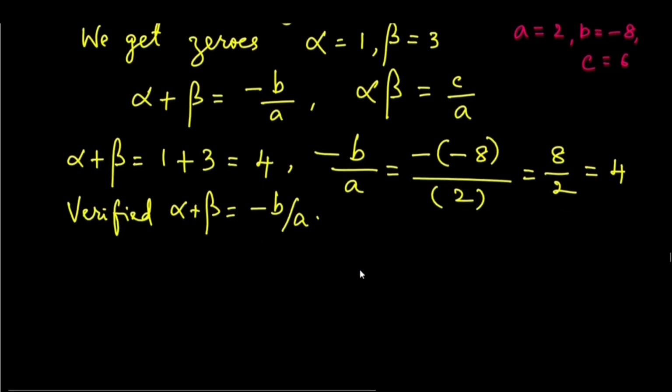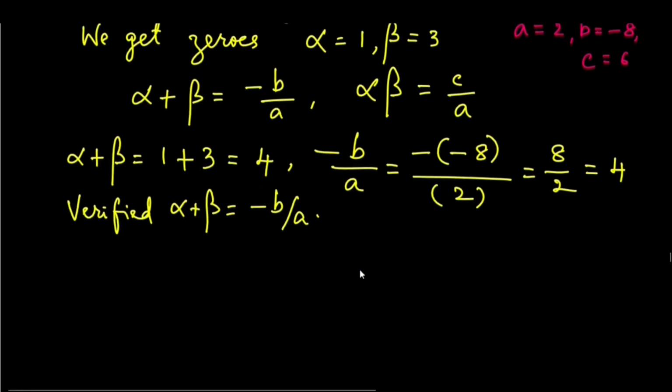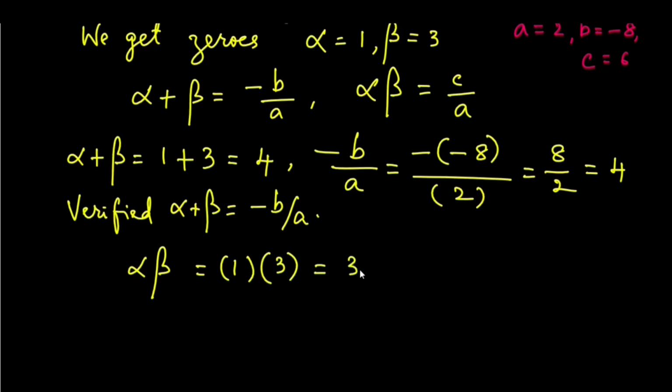Now let us take second relationship. Let us find alpha into beta. Alpha is 1 and beta is 3. 1 into 3 is 3. Then what is c by a?